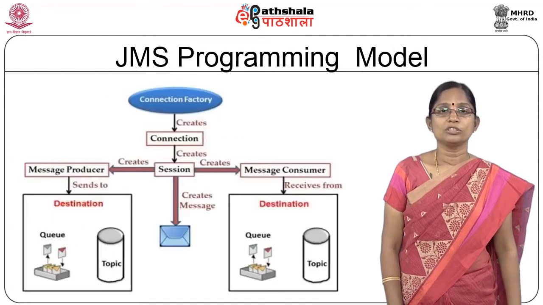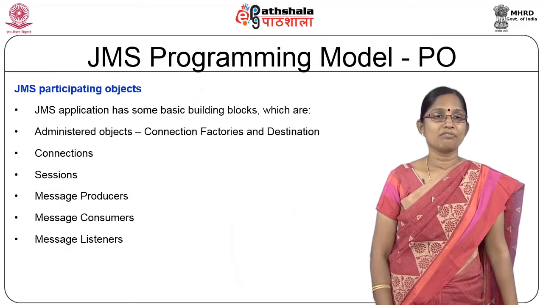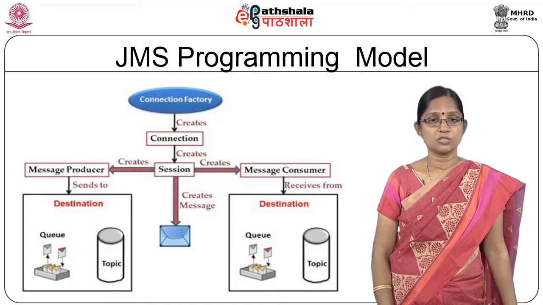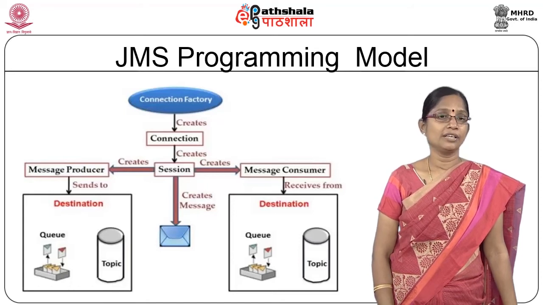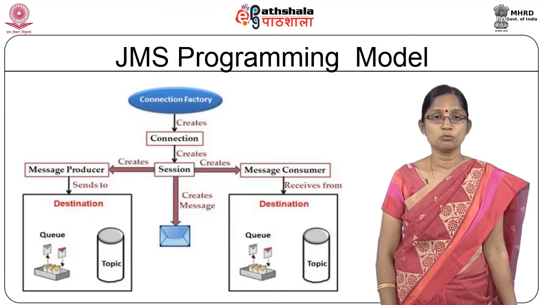First, let us look through the programming model. As I told you already, the connection factory belongs to administered objects. The connection factory is the initial thing. The connection factory creates a connection, where the connection in turn creates a session. The session in turn creates a message producer. The session in turn creates a message consumer also.